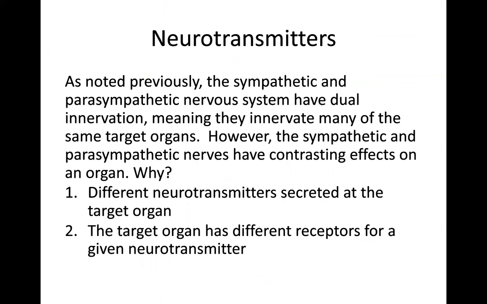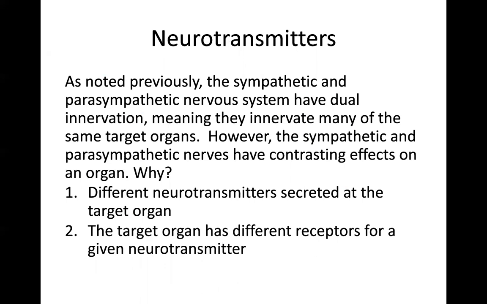As noted previously, the sympathetic and parasympathetic nervous systems have dual innervation, meaning they innervate many of the same target organs. Not all organs, but things like your heart and your stomach typically have signals coming from nerves of the sympathetic nervous system, and also nerves carrying signals for the parasympathetic nervous system. So how do these two nerves produce contrasting effects on the organ?